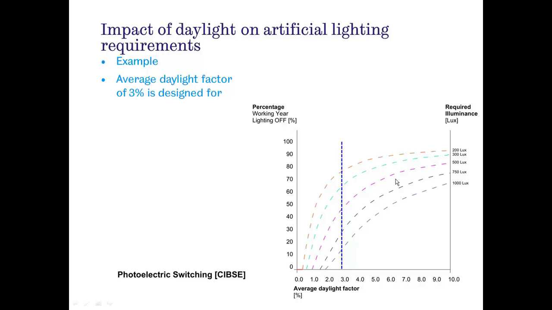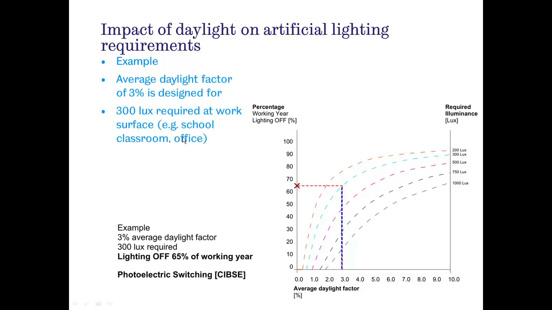So, if your average daylight factor is 3%, so you've aimed for that BREEAM exemplary level, and you're getting a 3% daylight factor. And let's say you need 300 lux, so for example for a school or an office, then if we just draw that line up and we follow it across, the lighting can be off 65% of the working year.